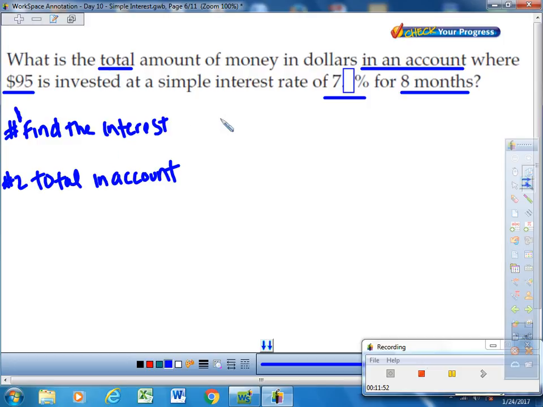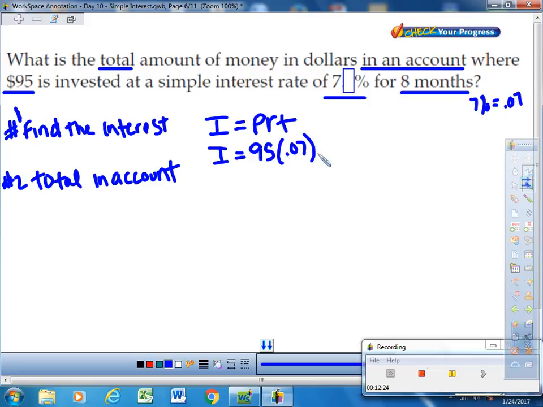So the first thing you want to do is find the interest. I equals PRT. So I equals interest, or principal, is $95 times the rate. 7% is 0.07 times 8 months. So 8 over 12. So you can divide them both by 4, and you get 2/3.